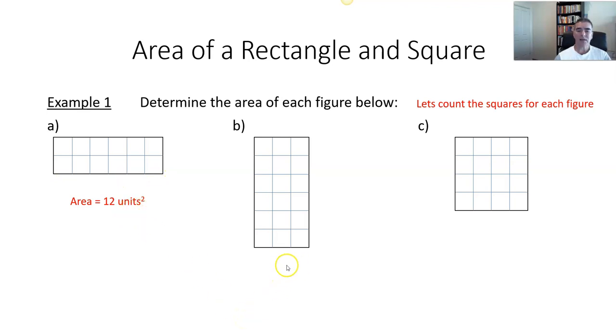Let's have a look at our second one. We've got 1, 2, 3, 4, 5, 6, and another 6 makes 12, and another 6 makes 18. Then our third one over here is a square: 1, 2, 3, 4, and another 4 is 8, another 4 is 12, and another 4 is 16. So we get 16 square units.